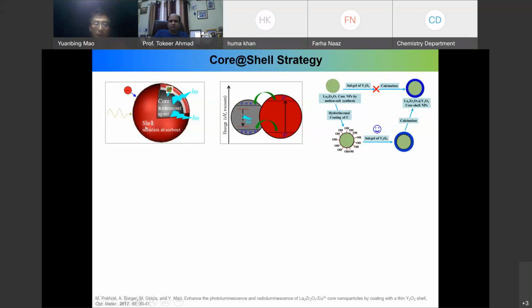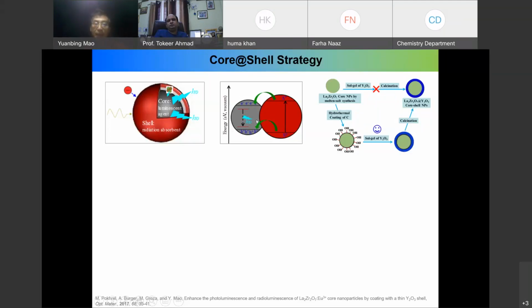And also for radioluminescence, we try to pick a shell material which can absorb the radiation better. The other thing to consider in this type of core-shell combination is that the band gap of the shell material is larger and also straddles the band structure of the core material.